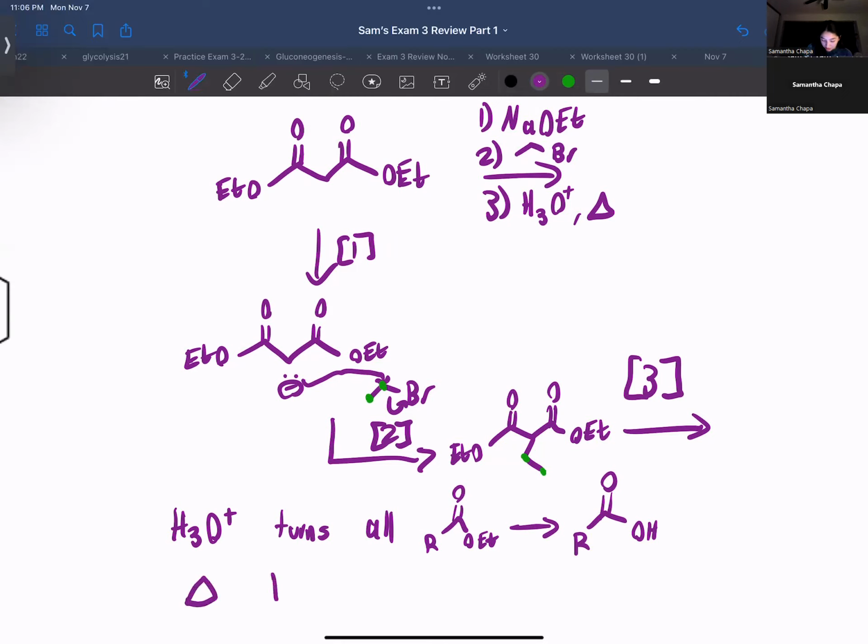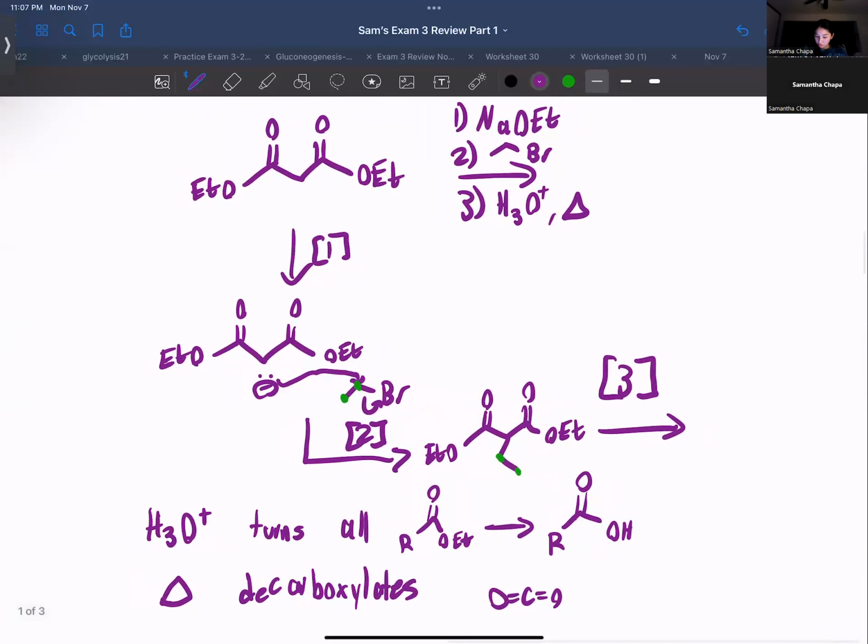And heat decarboxylates. So when you think about decarboxylation, something that I think about personally is CO2, so C double bond O. And that'll help you figure out what you need to remove, because de means taking off and carboxylate tells you what you're taking off.